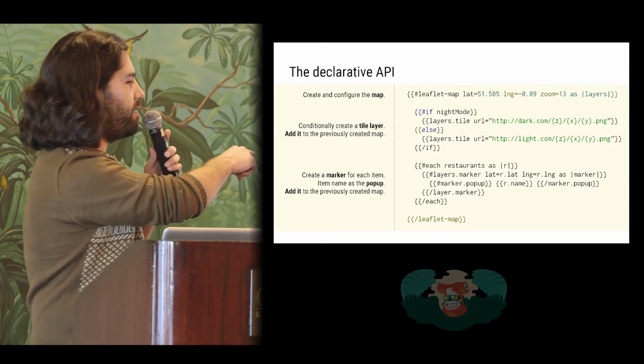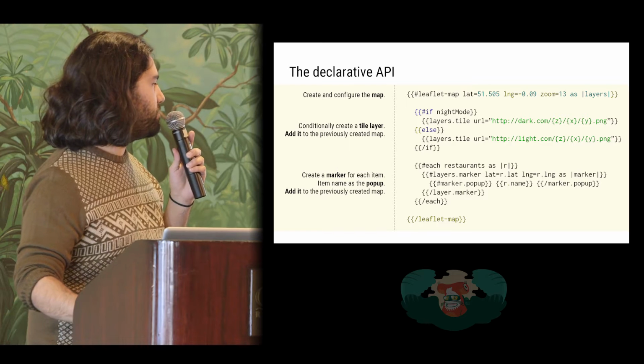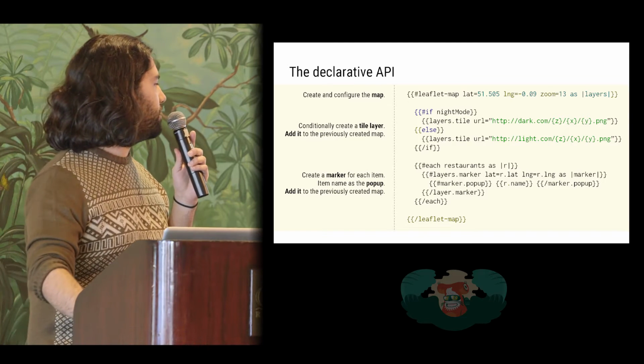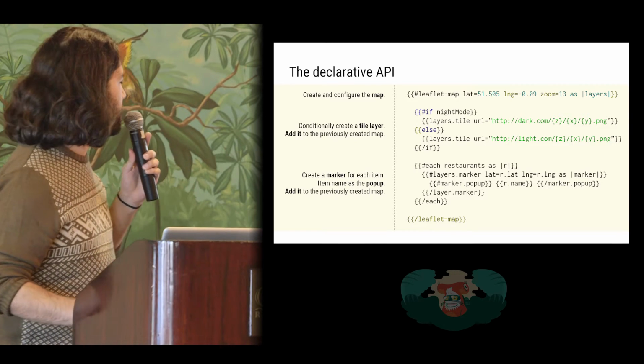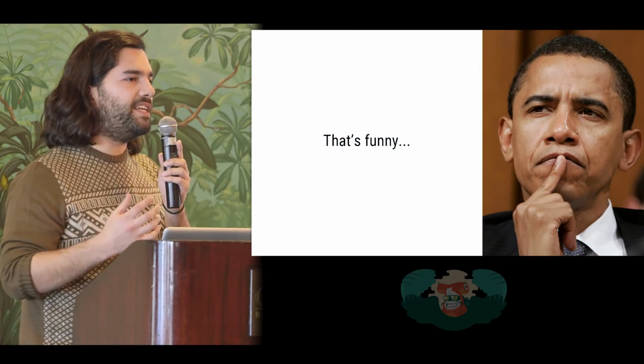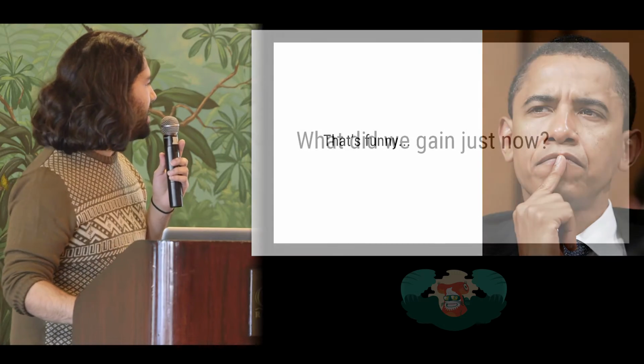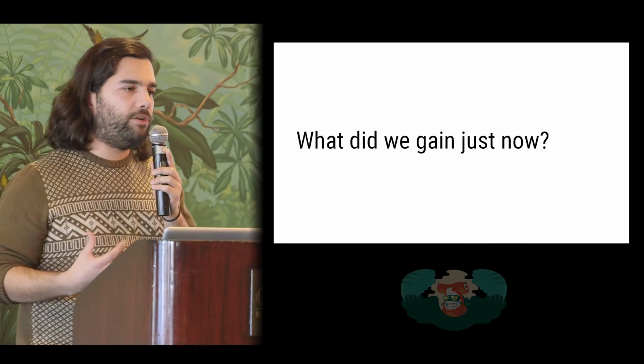So we're on a third level here, and we're adding the pop-up. The pop-up should be bound to the parent marker. So this is cool, right? This is not bad. And this is one of those not bad moments. And I just started hacking. Then a funny moment came to me. So what did we gain with this?